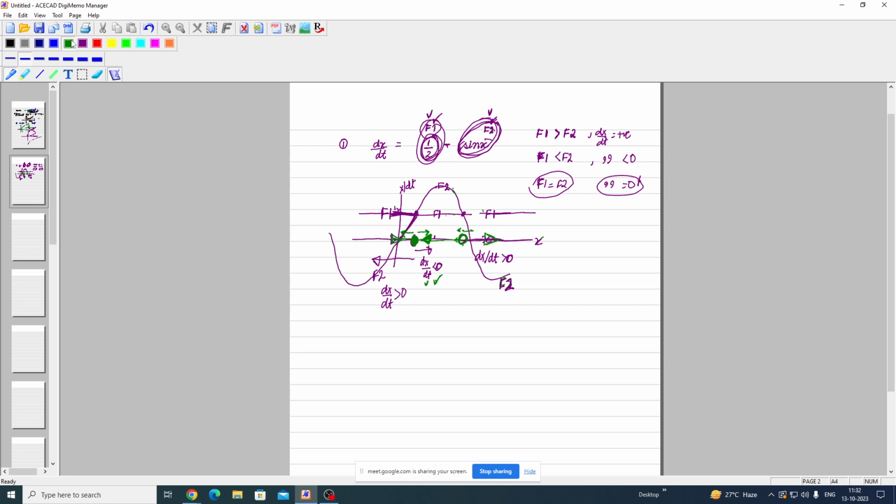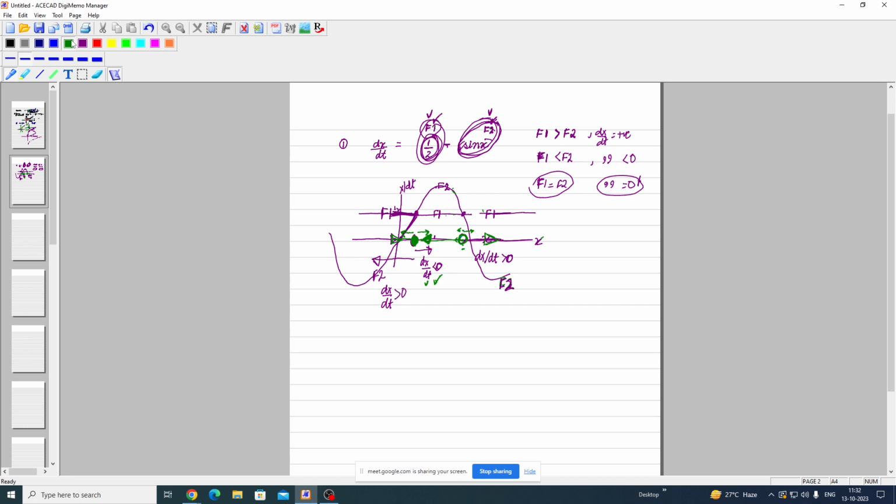Similarly, if I force it to move slightly to the right, what will happen? dx by dt is positive, it will keep on increasing till plus infinity or till the next fixed point. So you see, this is an unstable fixed point. As long as things are at the unstable fixed point, that's fine. The moment there is a perturbation, they'll either move to the left or to the right.